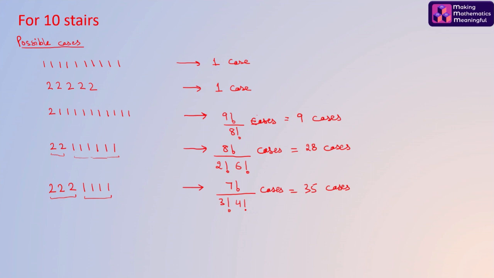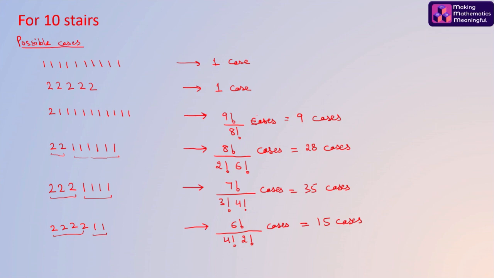Another possibility could be four 2-steps, with 8 steps covered, followed by single steps. So here we have total possible cases 6 factorial divided by 4 factorial, since the 2's come 4 times, and 2 factorial, since 1 comes 2 times. This amounts to 15 total cases.